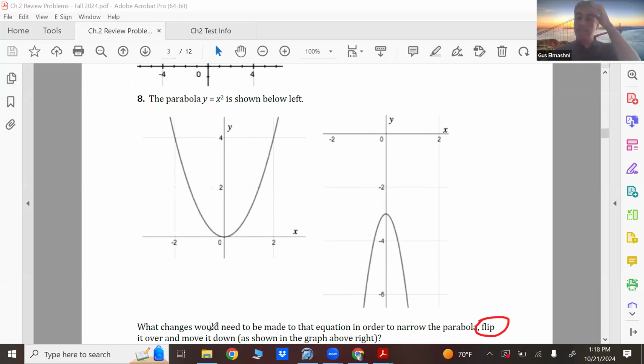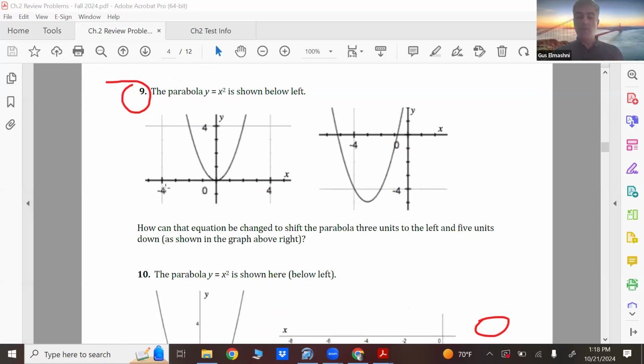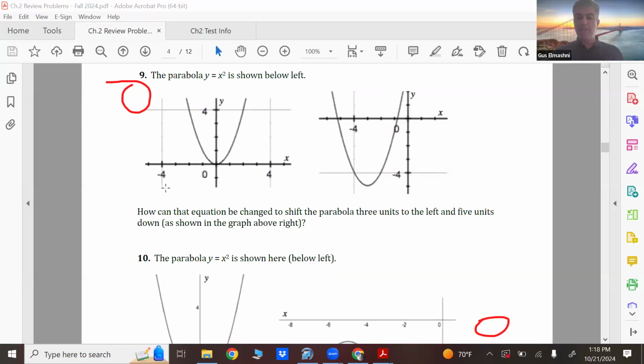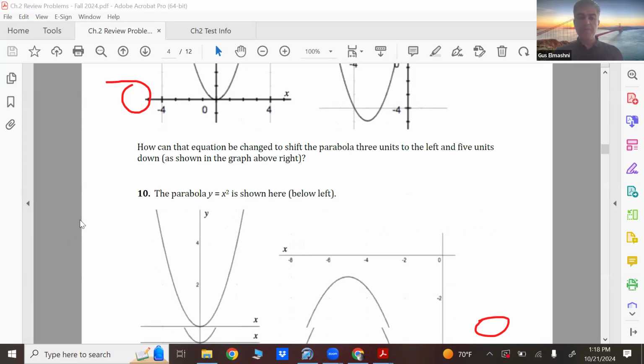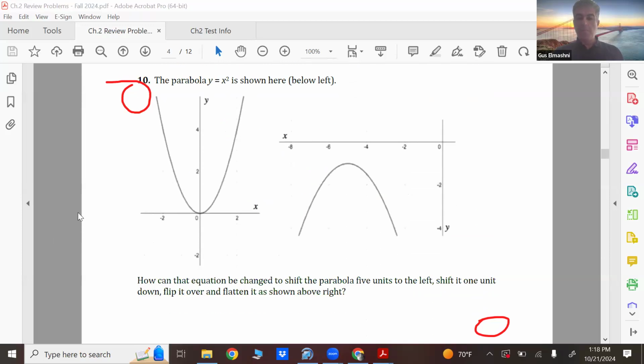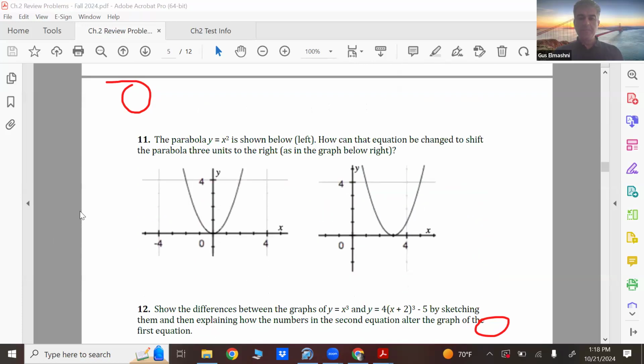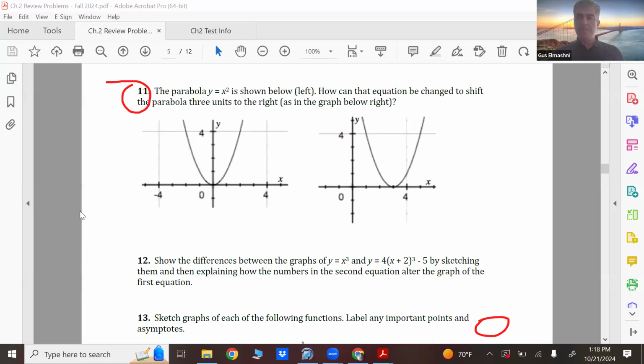It definitely moves down and also gets stretched. So you want to be able to state all those things for number 8. 9's a great one. It moves 3 left and 5 down. I think 10's a good one. I think 11 is good.